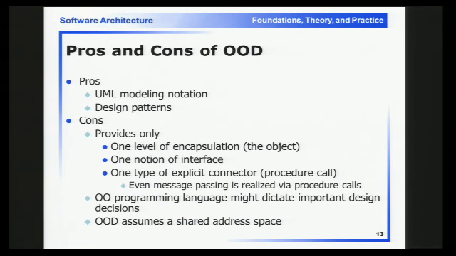But by observing and understanding their pros, we also need to understand their limits. So what are the limits of the existing object-oriented design techniques? First, they provide only one level of abstraction, one level of encapsulation, which is the object, right? Everything is modeled as objects.